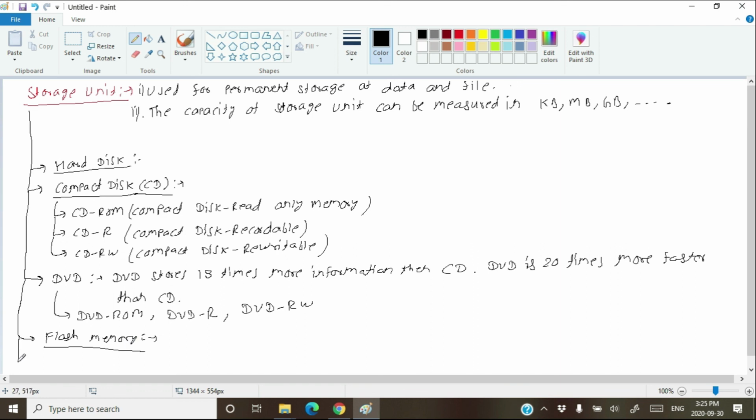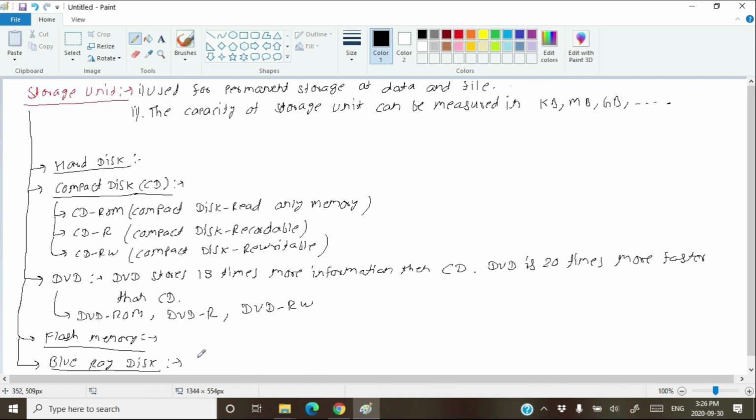After that, your book is writing about Blu-ray disc. Blu-ray disc is much more dense than DVD. The Blu-ray disc has the same dimensions as CD and DVD, but the pits and lands on the Blu-ray disc are much more dense than the DVD.